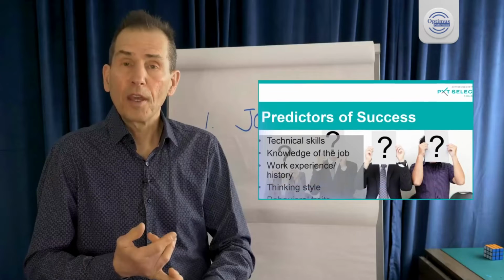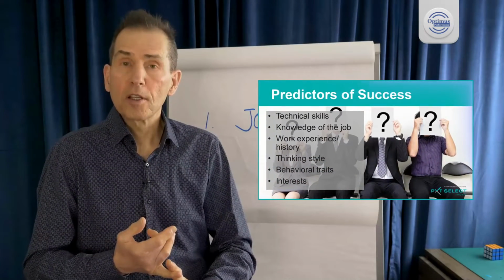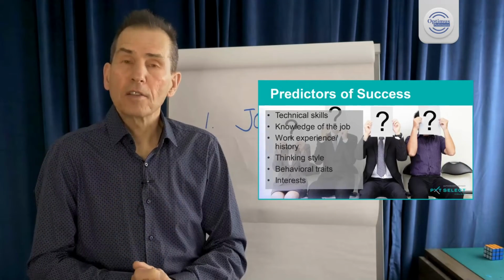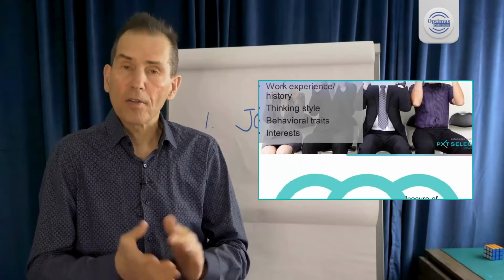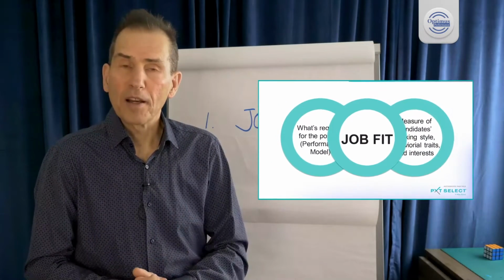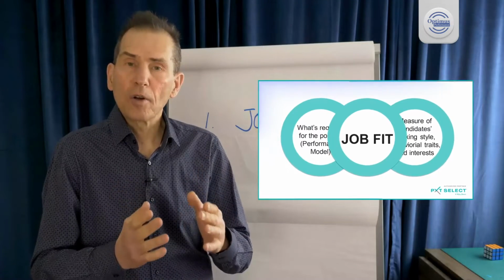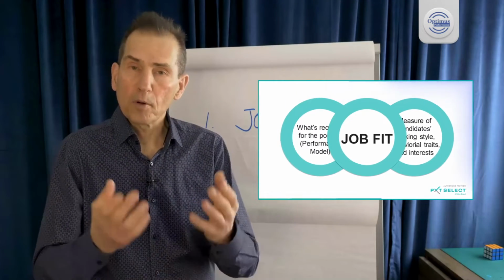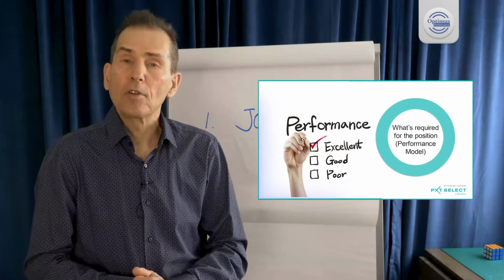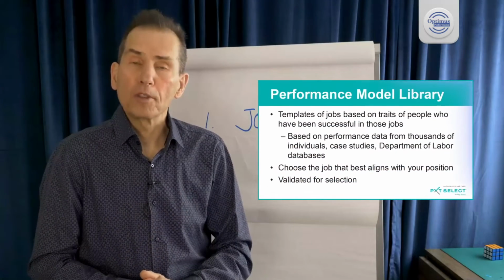One is the thinking style of the person and how it fits with the job. Now, I use an assessment tool with my clients called the PXT Select, and why I love it is because it measures job fit. And it does so in a scientific way. It pulls data from the employee and it matches that to the fit for the job, or what we call the performance model.